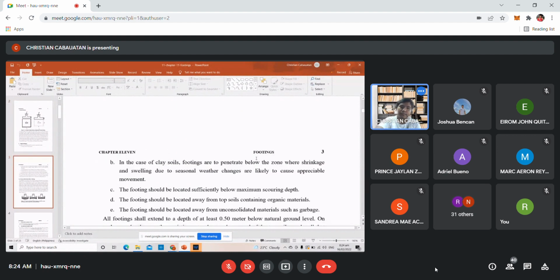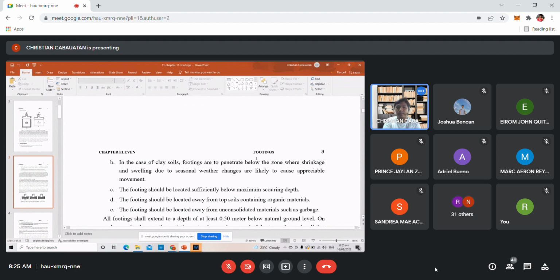The next one, in the case of a clay soil, footings are to penetrate below the zone where shrinkage and swelling due to seasonal water changes are likely to cause appreciable movement. Gaya nga ng sabi ko kanina, if you put your footing on the water table, it can show some effects, pero it would be a light effect or it could be a serious effect.